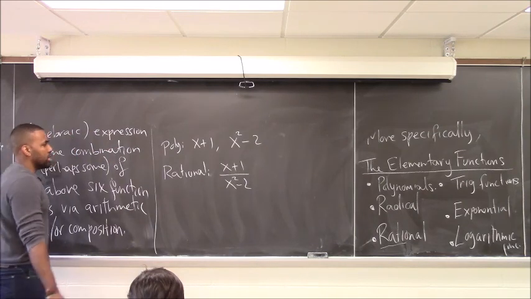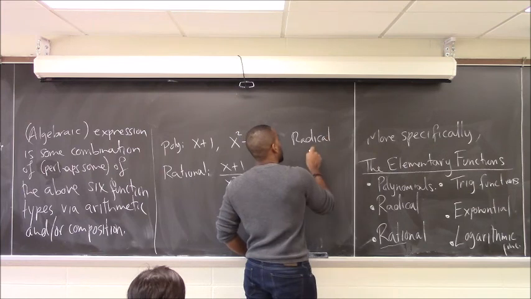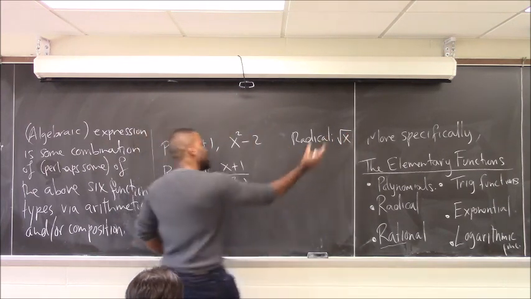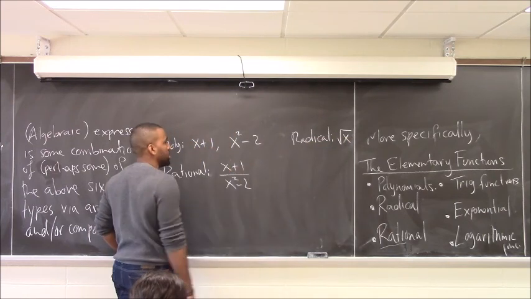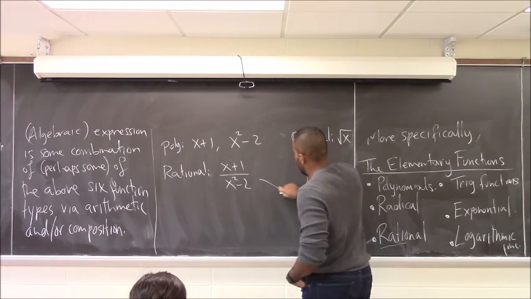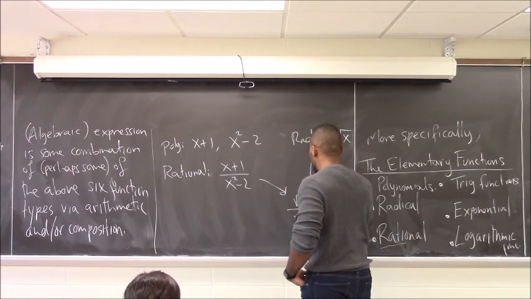But what if you decided to take a radical function, like the square root of x, and you decide to take that and plug it in the place of x, and you combine these two and create something like radical x plus 1 over x squared minus 1.